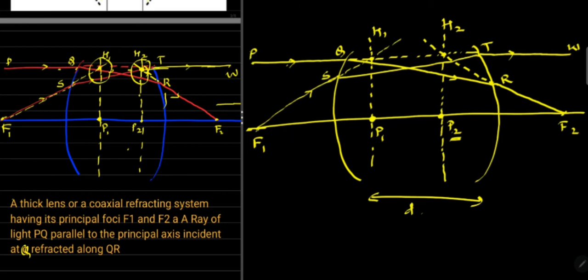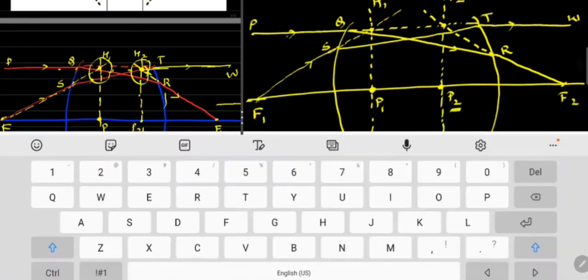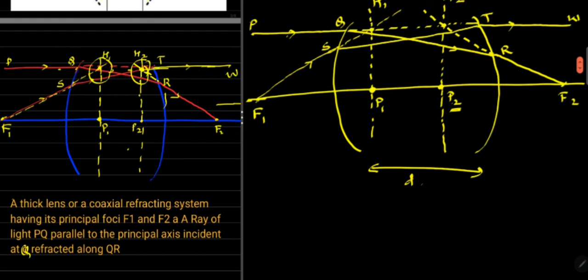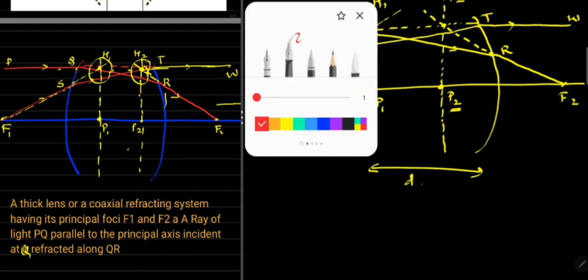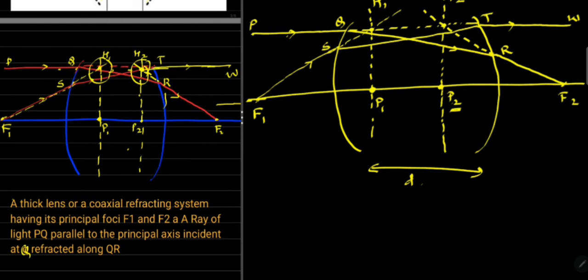A ray PQ is incident on the first surface and then emerges from the second surface, that is RF2.